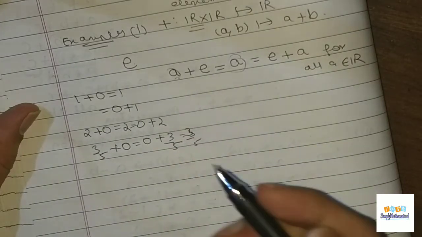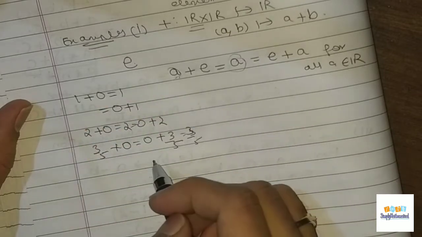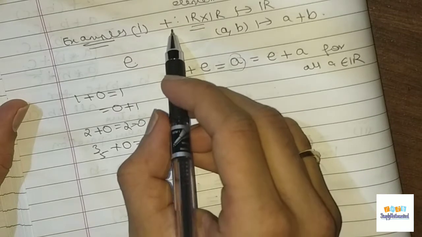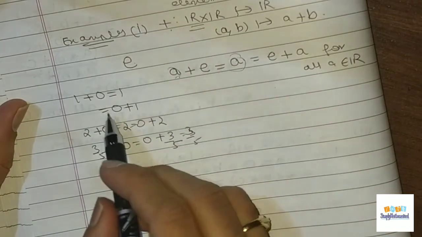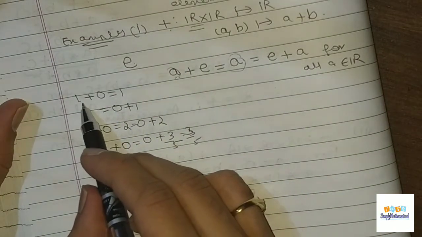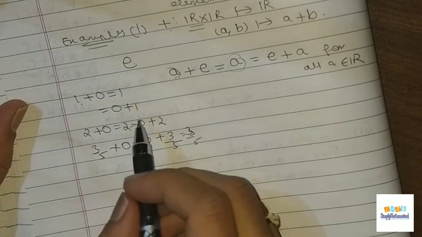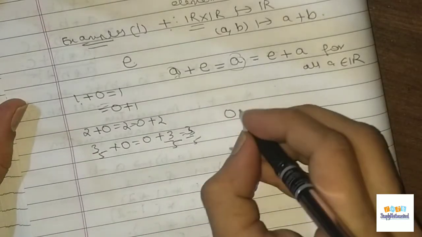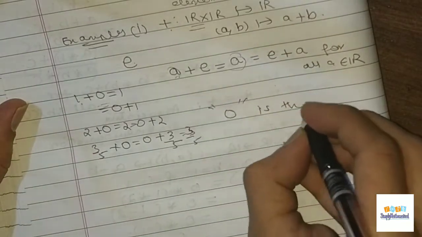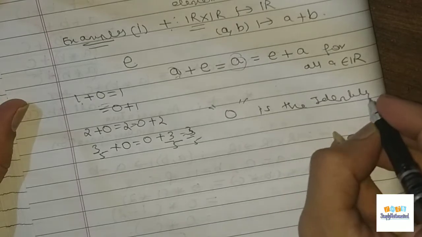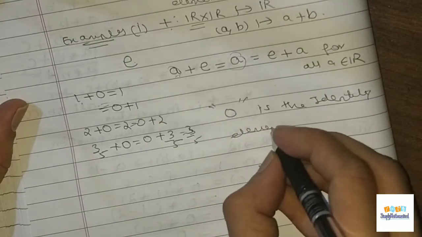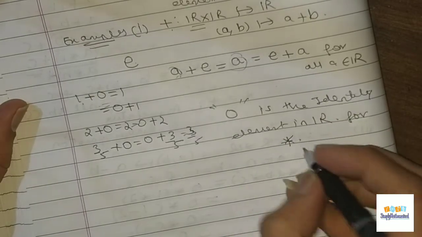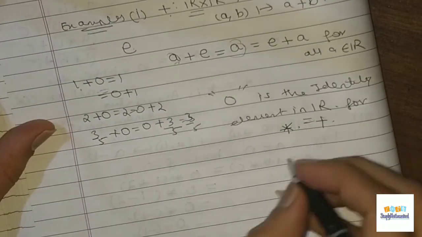So the element in R for the operation addition which gives back the element we have taken is 0. 0 is the identity element in R for star, which is nothing but addition.